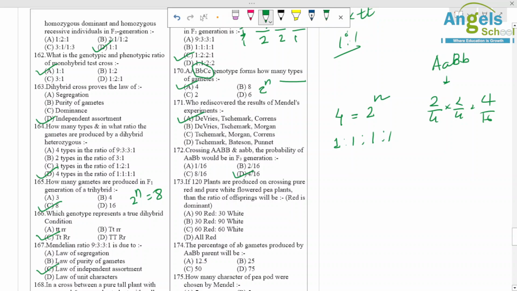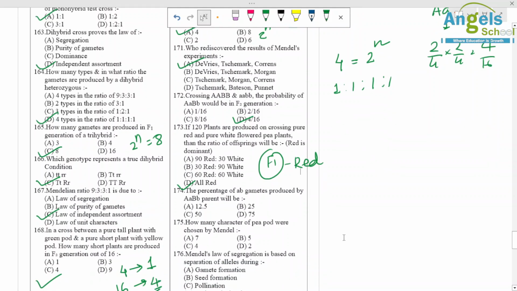Question number 173. If 120 plants are produced on crossing pure red and white flowered pea plants, the ratio of the offspring will be, red is dominant. So in F1 generation we get all red plants only. The percentage of AB gamete produced by this, capital A small a and capital B small b.